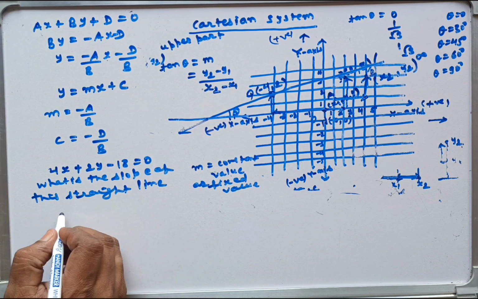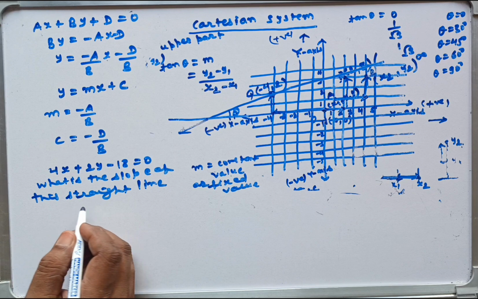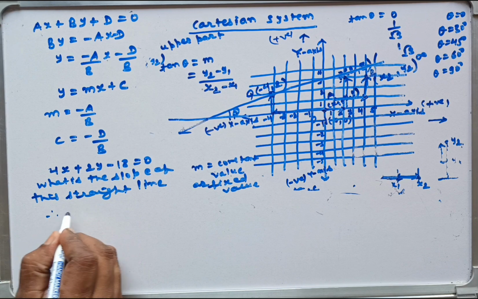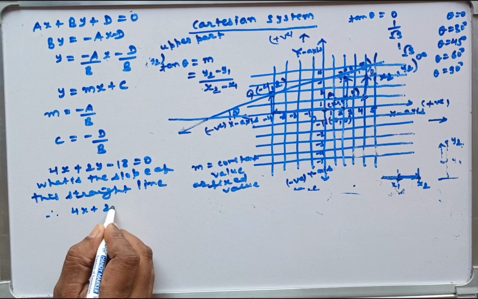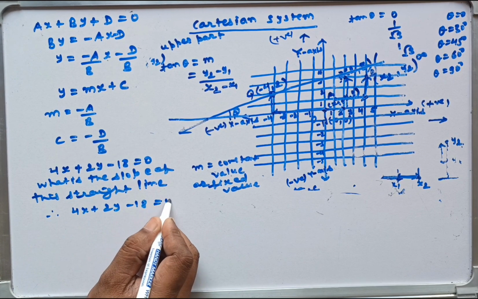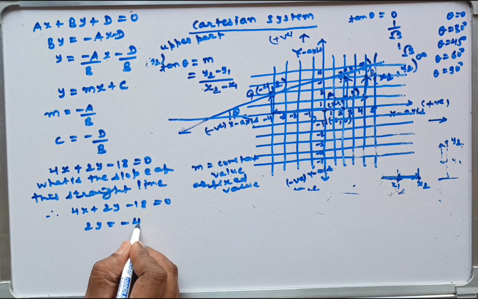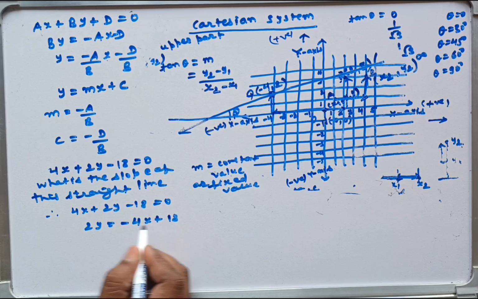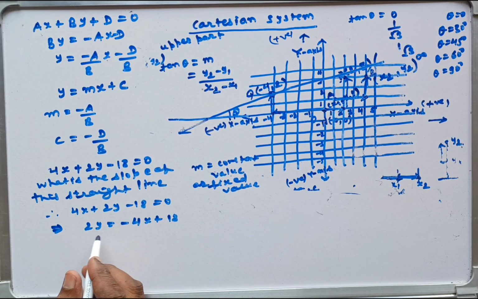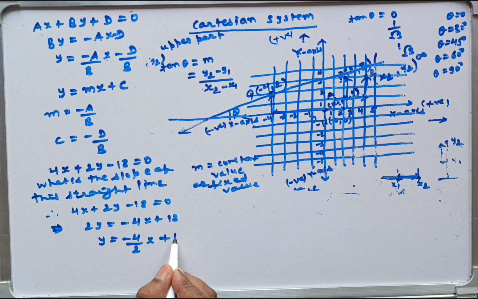First we write the equation 4x plus 2y minus 18 equals 0. Then we write 2y equals minus 4x plus 18. Then we divide both sides by 2. So this is minus 4 by 2 into x, plus 18 divided by 2. Finally you will get y equals minus 2x plus 9.